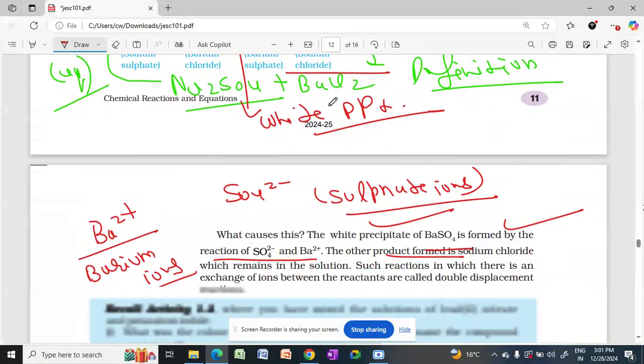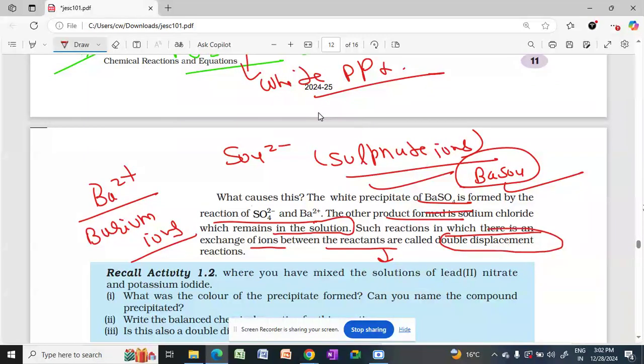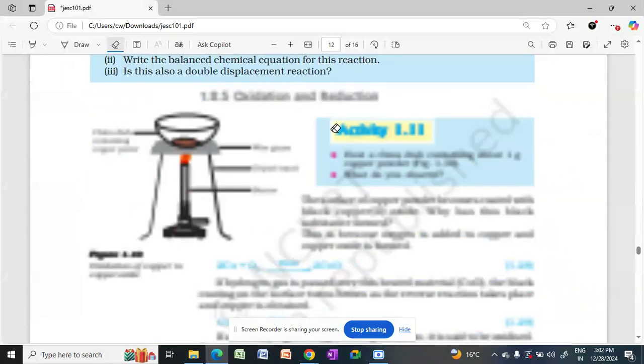NaCl is also formed, which remains in the solution, but the precipitate of BaSO4 is formed. Such reactions in which there is an exchange of ions between the reactants are double displacement reactions. Underline this: a reaction in which there is an exchange of ions between the reactants is a double displacement reaction.